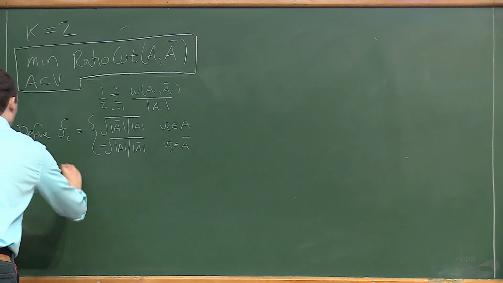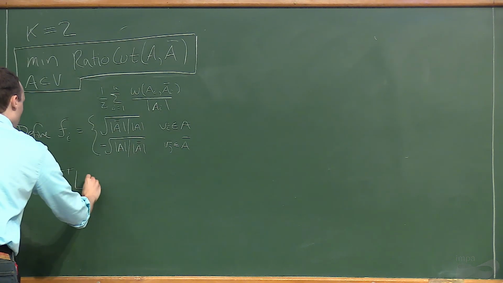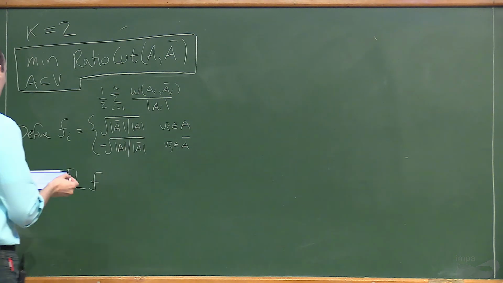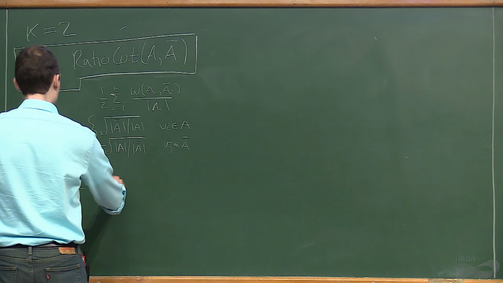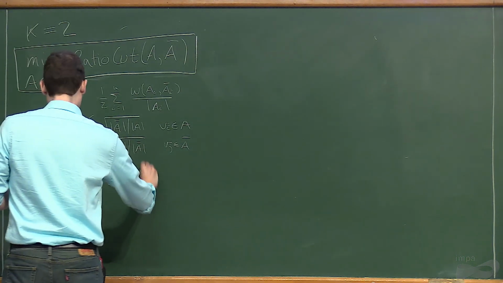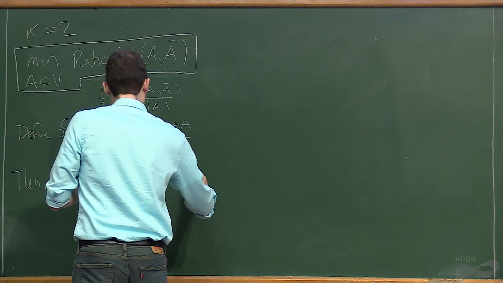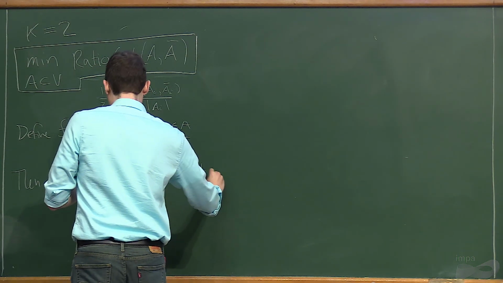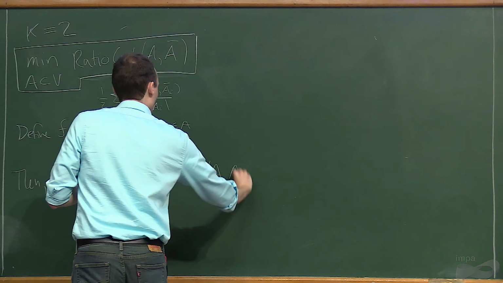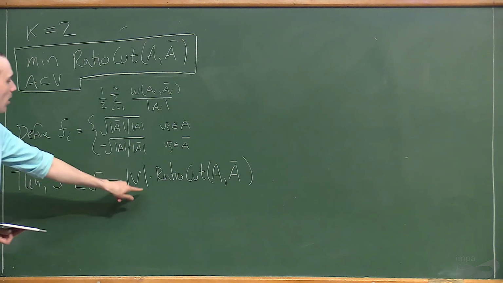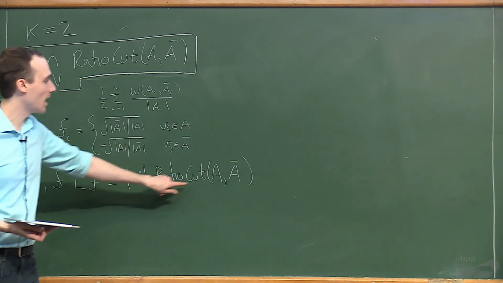Then the observation, going back to our previous discussion, is that this was not just for the sake of doing it. We can actually expand this expression and show, after a little bit of algebra, that for this vector, f transpose L f is the cardinality of our vertex set times ratio cut.